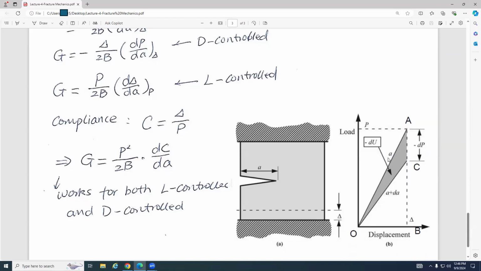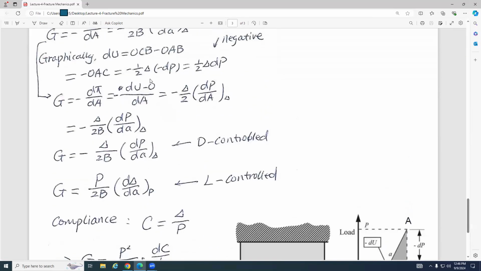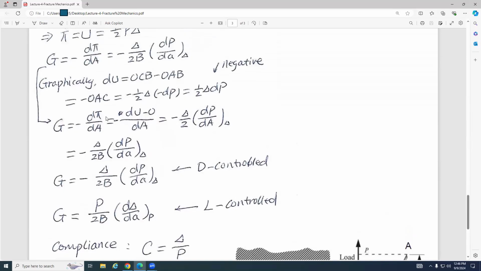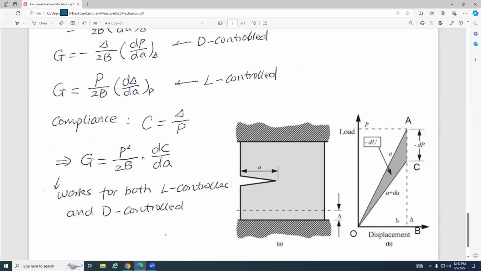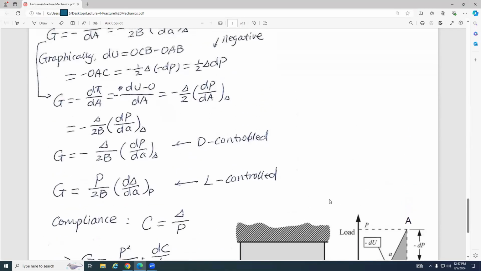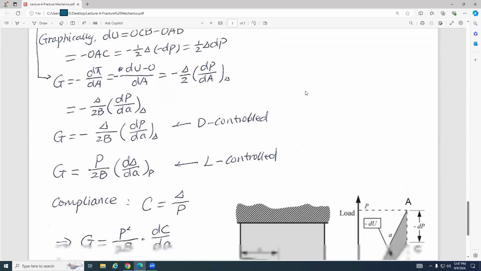So this shaded area is dU, the change of the strain energy, which also equals the change of the potential energy, because under this condition, potential energy equals strain energy. You can see here, graphically, dU equals OCB minus OAB.